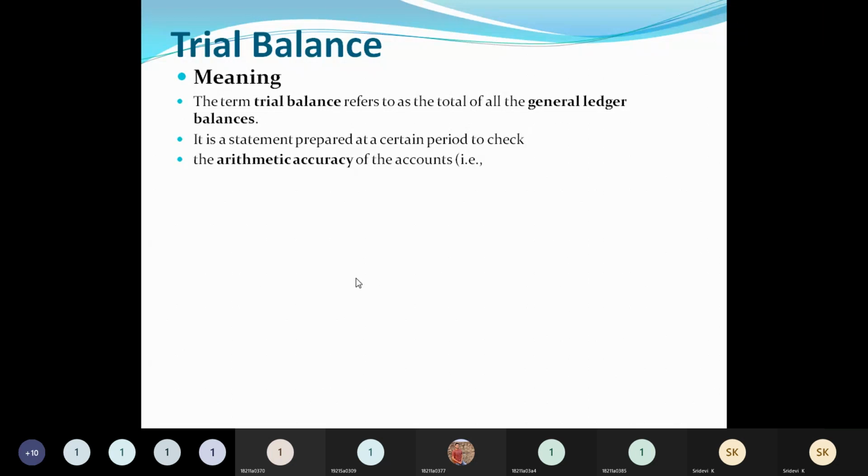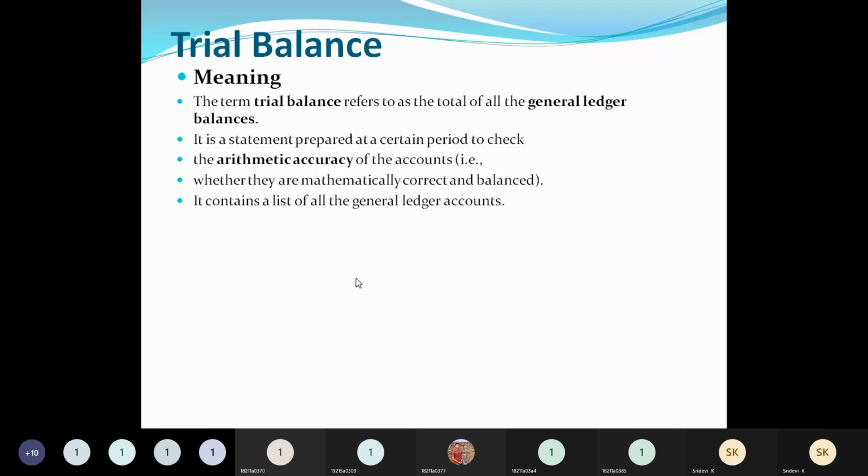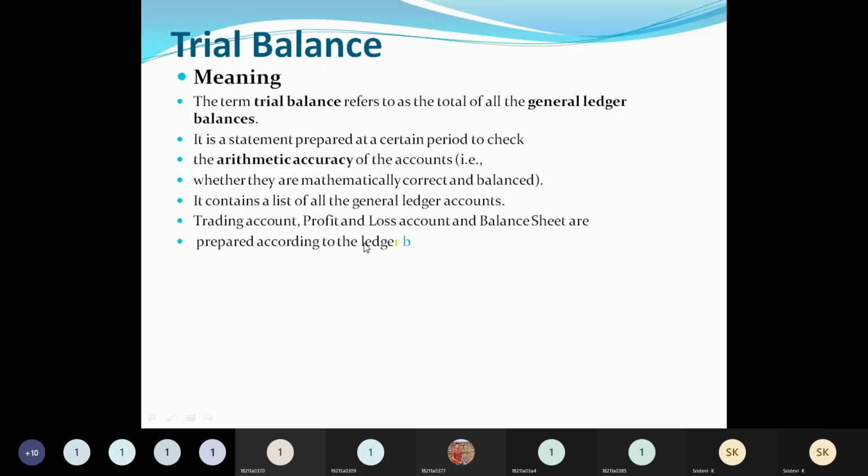For that, this is prepared, and if this trial balance is not tallied, then we can say that there are mathematical errors, which we are going to correct. Any errors can be identified if you prepare this trial balance, and to rectify those, this trial balance will help you. You can identify them there itself, and this is also used as a prerequisite for final accounts.